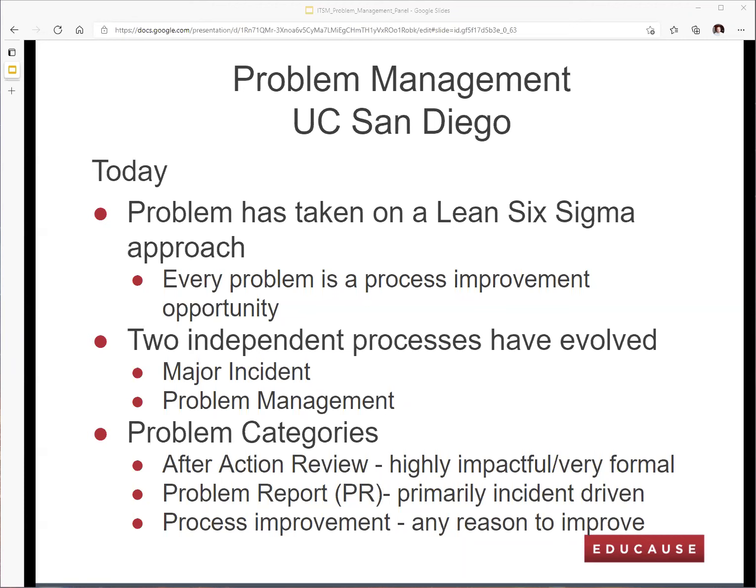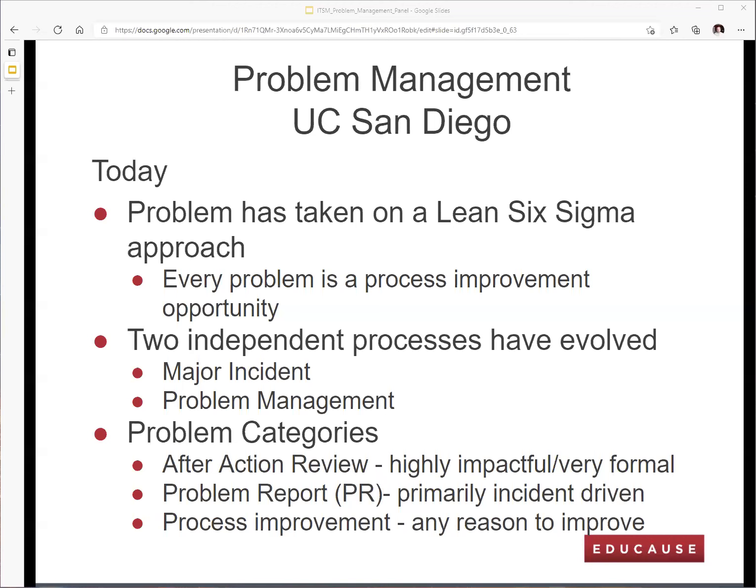Those have a very formal process and some detailed documentation requirements. Going through an after action review is about a 3-month long thing. You can see why that's reserved for particular kinds of events, because you can't do that for everything, and you shouldn't try. But for those things that are really nasty, yes, you want to go through the details and really ferret out the problems, because you try to avoid those in the future.